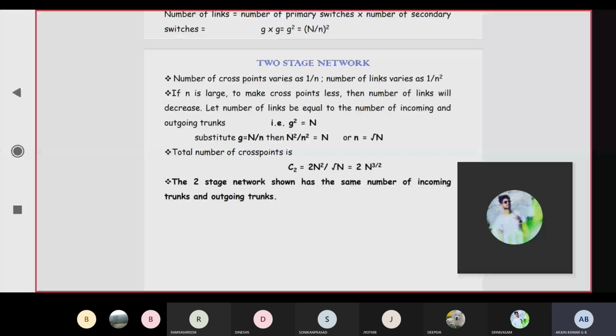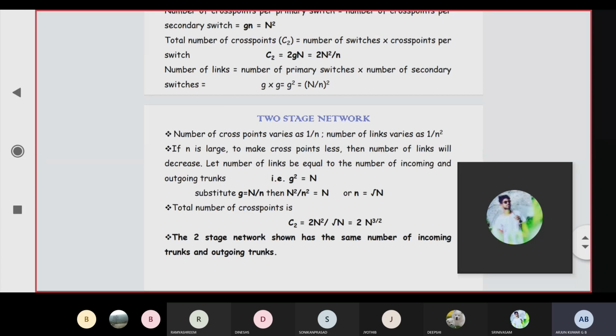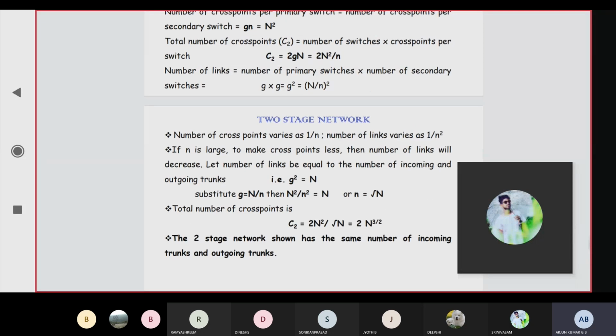You can see there is a 1 by n square, means the number of links will vary as the square of 1 by n. In the previous expression, g square is equal to n by n whole square. That's why the cross points will vary with 1 by n.